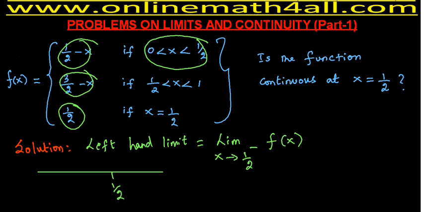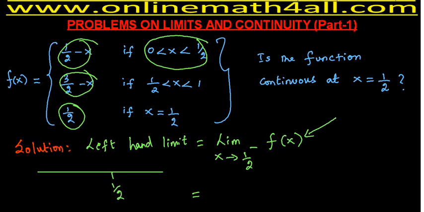So the part of the function where x is less than 1 over 2 is to be considered for f of x here. That is the first part, 1 over 2 negative x, for the interval 0 less than x less than 1 over 2, where x is less than 1 over 2. So that part can be considered for f of x here. I hope the students can understand what I am trying to say.